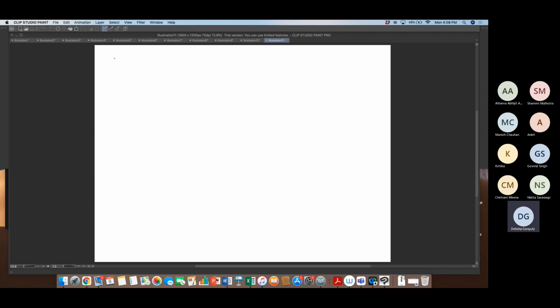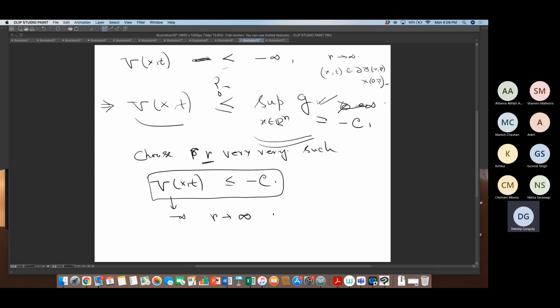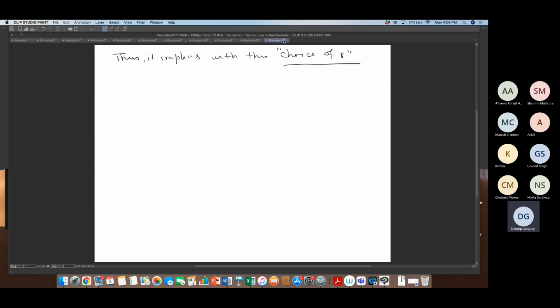So we know that, because now you take a very large ball, it implies that with this choice of R, for which the supremum of V(x,t) is less than the supremum of G for large R, you can fix R equal to some R naught or something like that.